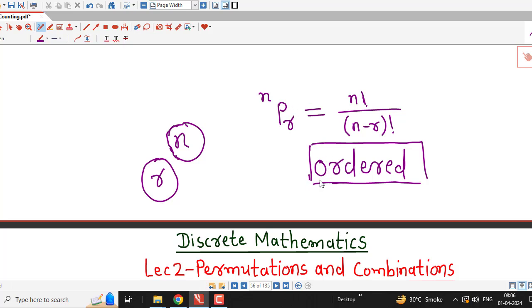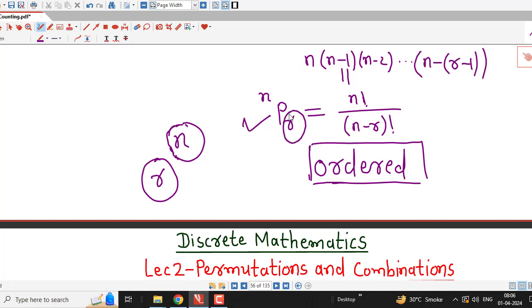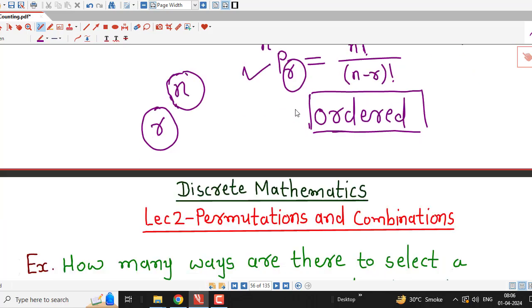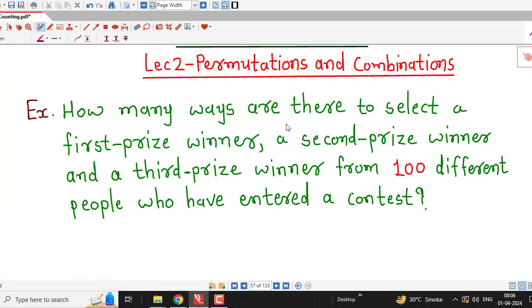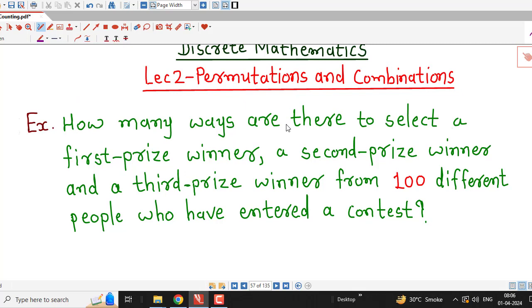So whenever order matters in the count of required arrangements, we will use this formula, or the equivalent formula, where we consider the product of n, n minus 1, n minus 2 and so on up to n minus (r minus 1). If we have r here, we subtract up to r minus 1. This is another equivalent formula. So with this in mind, we consider these two problems in this lecture.